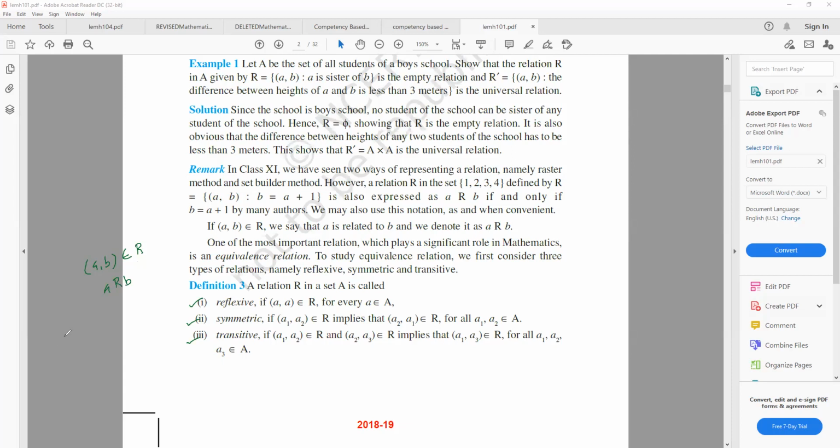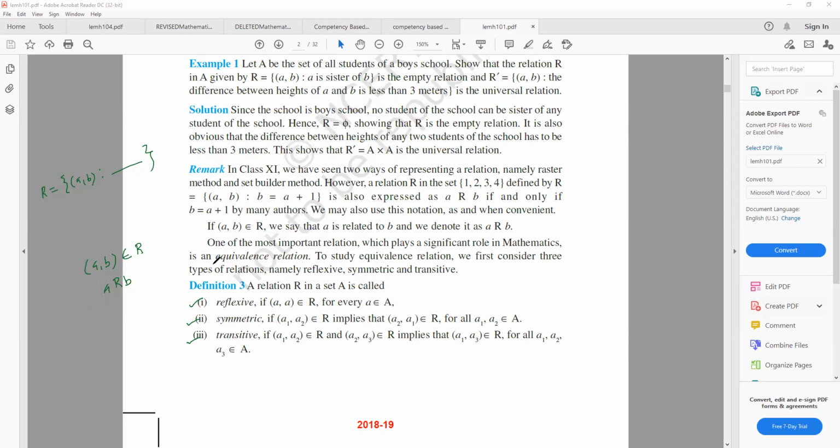Okay, clear? ये ऑर्डर्ड पेयर (A, B), क्योंकि रिलेशन में हमेशा एलिमेंट्स क्या आएगा? ऑर्डर्ड पेयर ही आएगा ना। रिलेशन इज सेट ऑफ ऑल ऑर्डर्ड पेयर्स सच दैट सम कंडीशन। सो रिलेशंस में हमेशा ऑर्डर्ड पेयर का कलेक्शन है, बिकॉज रिलेशन इज सबसेट ऑफ A क्रॉस B। A क्रॉस B में ऑर्डर्ड पेयर ही आएगा, फर्स्ट एलिमेंट इज फ्रॉम फर्स्ट सेट एंड सेकंड एलिमेंट इज फ्रॉम सेकंड सेट। तो एक ऑर्डर्ड पेयर (A, B) रिलेशन में है, तो हम ऐसे भी बोल सकते हैं कि फर्स्ट एलिमेंट A इज रिलेटेड टू B, A R B ऐसे लिखते, A रिलेटेड टू B ऐसे भी लिखते। Did you understand?